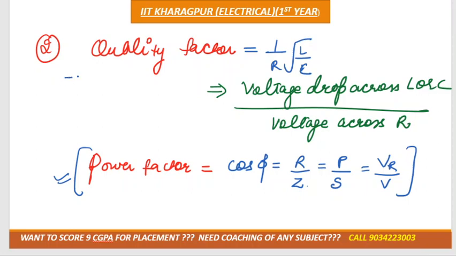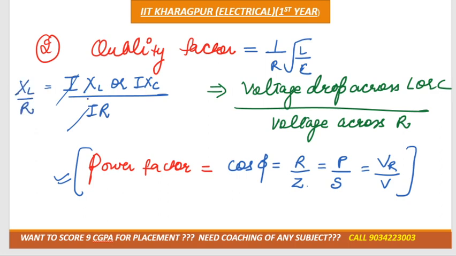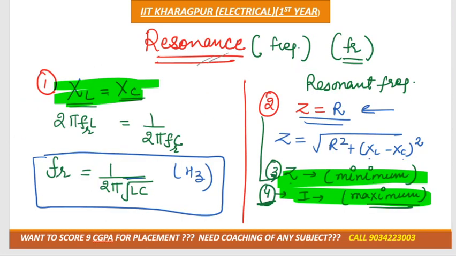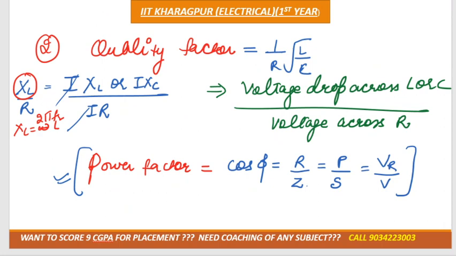So voltage drop across L or C would be I into XL or I into XC, divided by I into R. If I consider I and I would be cancelled, again it would be XL by R or XC by R. If I substitute the value of XL, XL is equal to omega L. Omega is 2 pi FR. Now if I substitute the resonant frequency value, then ultimately we'll get this formula.